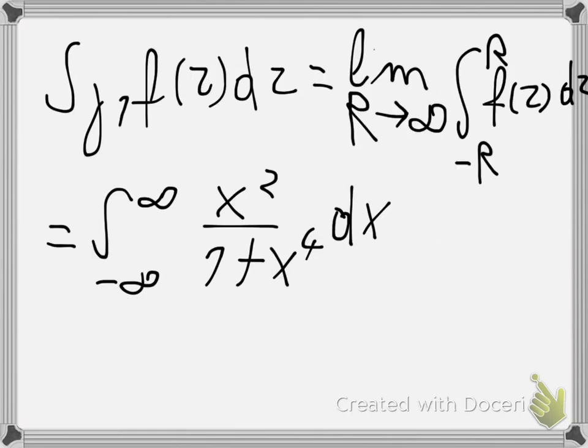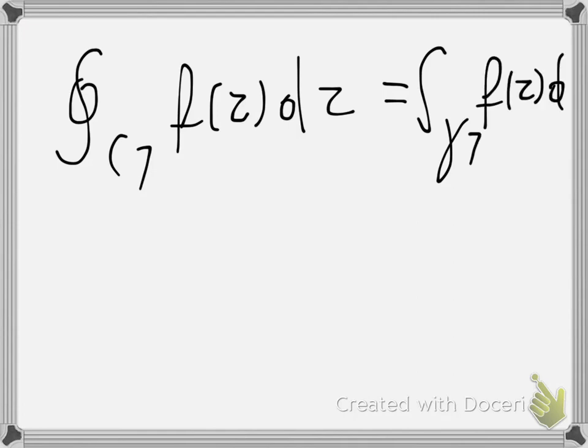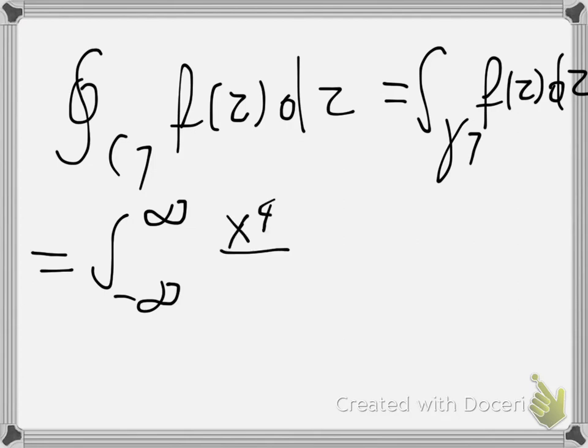So we can just say that our contour integral will be equal to our integral around the real axis, so around gamma 1, which is just the integral we had to solve at the beginning. Sorry.